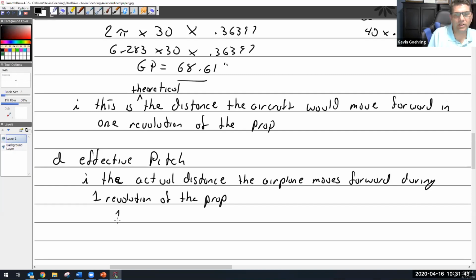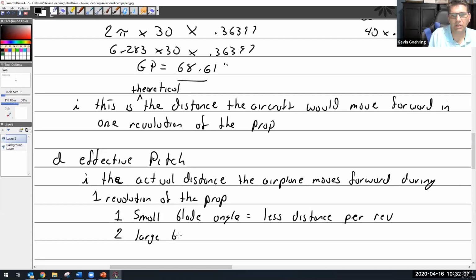Let's see, point one. Small blade angle equals less distance per revolution. And if we have a large blade angle, we would have more distance per revolution.